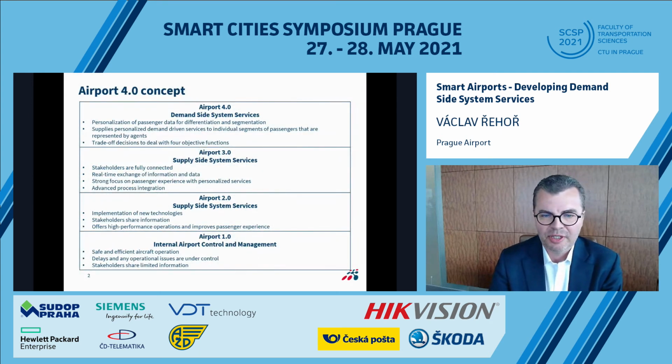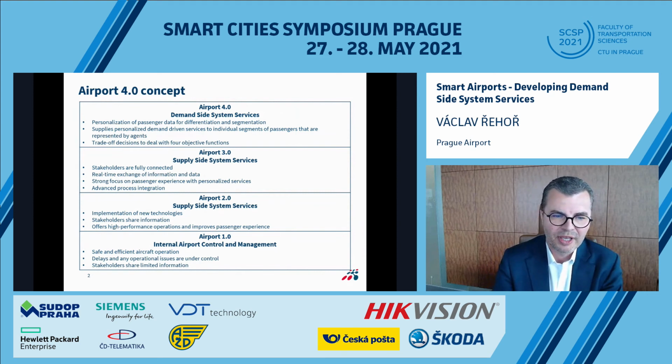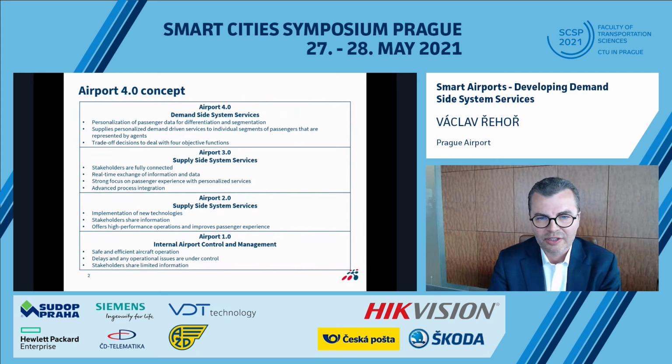There is a concept which has 4 levels. When you look at these 4 levels, you'll find that Airport 1.0 is basically about ensuring safety and efficiency of aircraft operation. There is not much interaction with the surroundings, with other systems. Quite a lot of airports are still, unfortunately, operated and called Airport 1.0. Then we moved to the second level, which is supply system services.